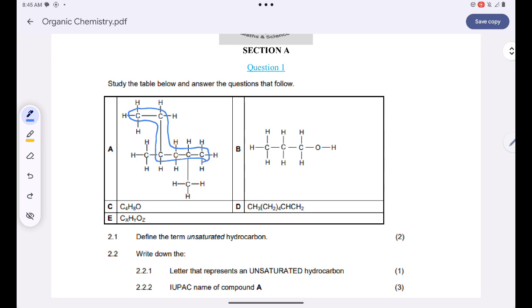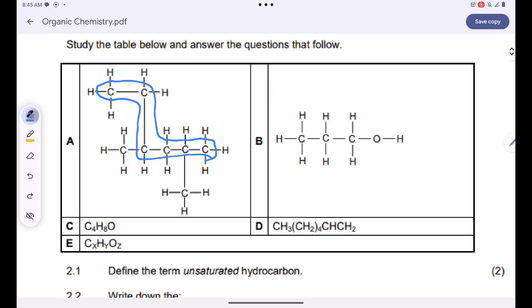Are you together? Such that my longest chain will have one, two. Let me write the numbers. My longest chain will have 1, 2, 3, 4, 5, 6 carbons. Are you together? So since my longest chain has 6 carbons, I'm expecting the prefix of the IUPAC name to be hex.